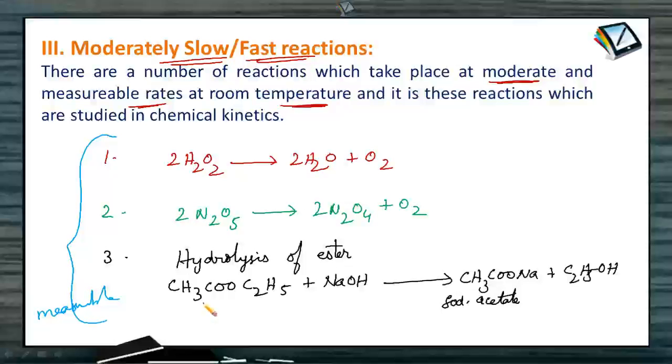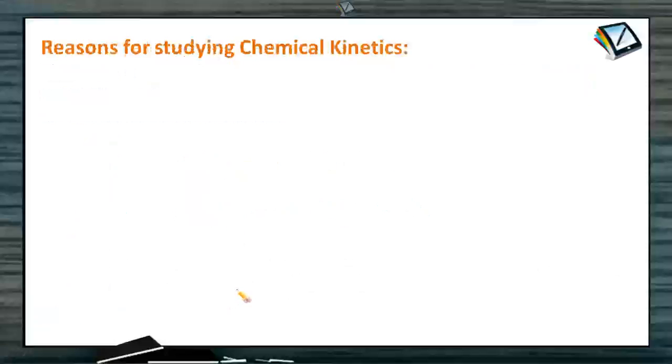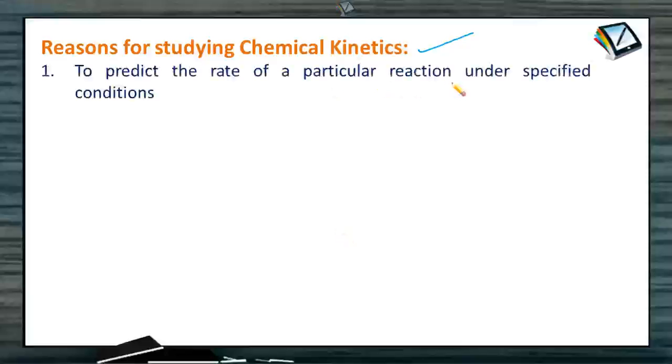Actually, what is the reason for studying this chemical kinetics? The first reason is to predict the rate of a particular reaction under the specified conditions. So here the conditions can be adjusted to make the reaction go at a desired rate. So we will learn in future that some factors will influence the rate of reaction.